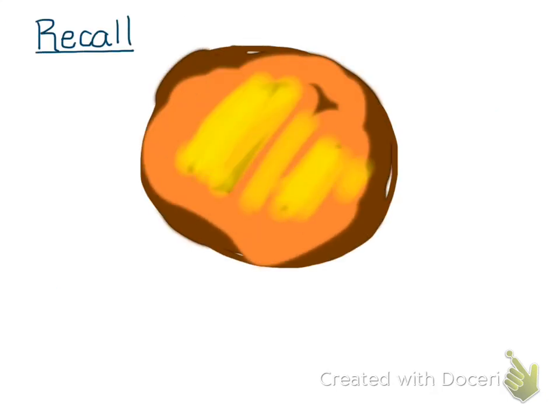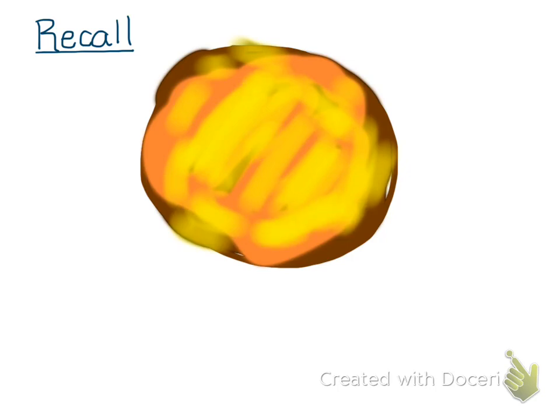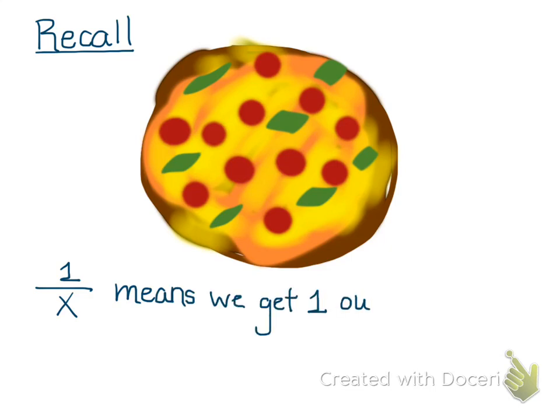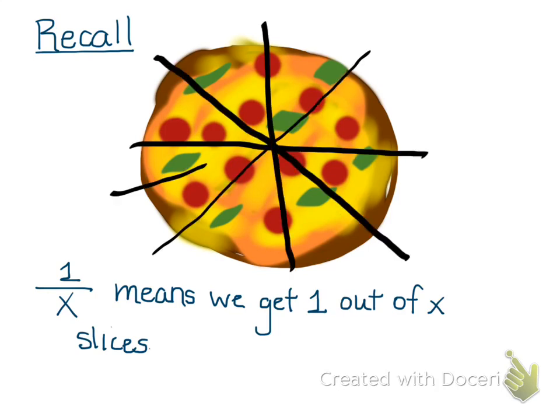Recall that if we have a fraction, we can think about it as eating slices of pizza. If I get 1 over x of the pizza, that means that I get to eat 1 out of x equally sized slices.